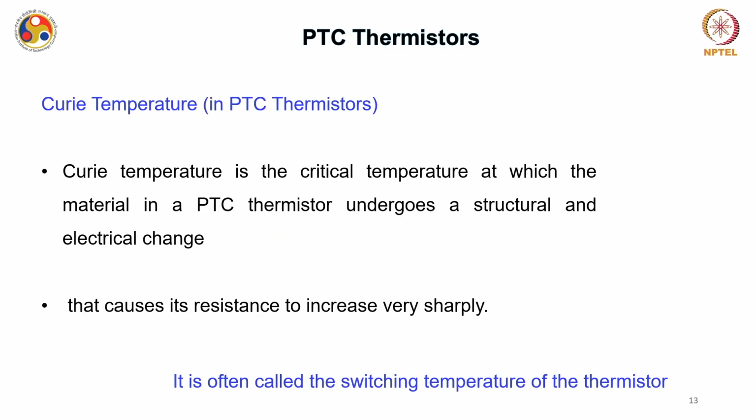Right. In the context of PTC thermistors, Curie temperature is the critical temperature at which the material in a PTC thermistor undergoes structural and electrical changes, which causes its resistance to increase very sharply, and that is what exactly we have seen earlier. So, it is mostly called the switching temperature of the thermistors, and that is why I have mentioned that this kind of thermistors are used for the switching applications.